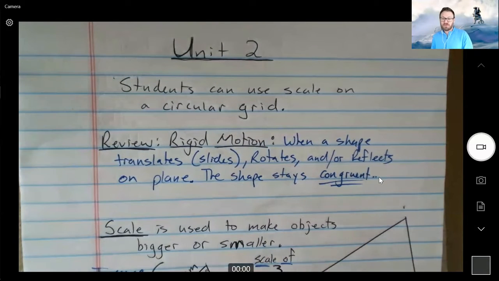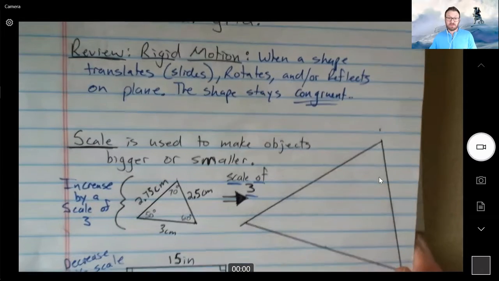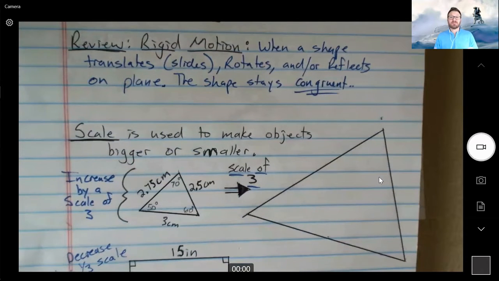We're moving with Unit 2 into dilation and scale, all right? So now with scale, scale is used to make objects bigger or smaller. When you think about scale, one example I always come up with is when we were moving to Washington from Alaska, we stopped in Seattle. We went to the Space Needle. In a little gift shop, you can buy a little Lego miniature Space Needle, right?